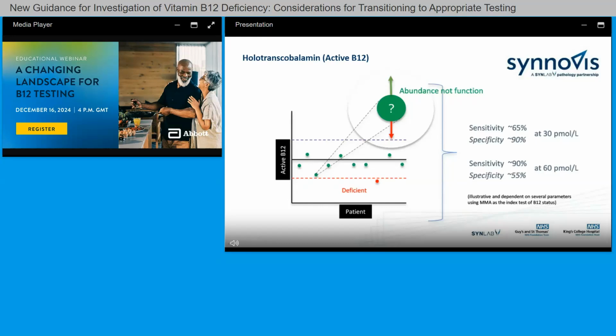It has the theoretical advantage that, rather than measuring total B12, we're now only measuring the active B12, the form of B12 that can be delivered to cells that need it. It has a limitation that, of course, we're only looking at abundance, but head-to-head comparisons of active B12 with serum B12 in the main show marginal superiority for the active B12 test.